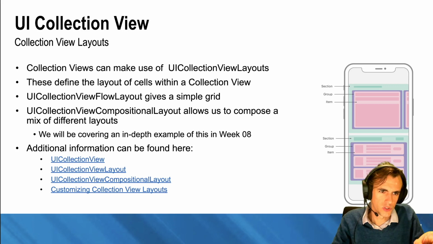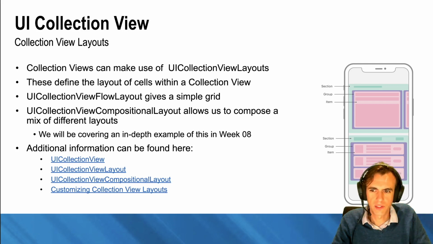And this example shown on the right is different sections that themselves, the entire collection view is vertically scrolling, but then there's different sections within it, the groups, that can scroll horizontally.